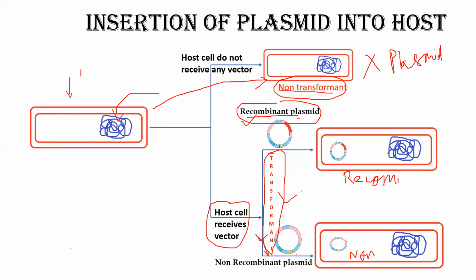So even though it is a transformant, it is a non-recombinant because the plasmid that is taken over here does not contain a foreign gene. But why do we call it a transformant? Because it has received the plasmid. So this will be a transformant but non-recombinant transformant. And this will be a transformant and recombinant. I hope this is very clear.